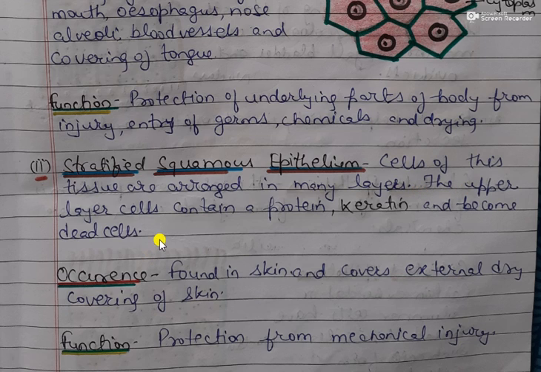The upper layer of cells contains a protein called keratin and becomes dead cells. So the topmost layer is dead due to the deposition of keratin. This tissue is found in the skin and covers the external dry covering of skin. This tissue also provides protection from mechanical injury.